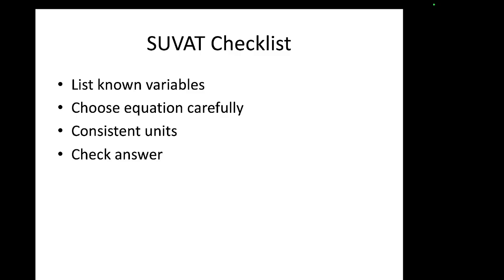So for SUVAT questions, start by listing what you actually know from the question, because sometimes you literally have half of the answer in the question set in any type of exam, really. So read the question carefully. Write down S, write down U, write down V, write down A, write down T. Then choose the equation that connects the quantities you have.